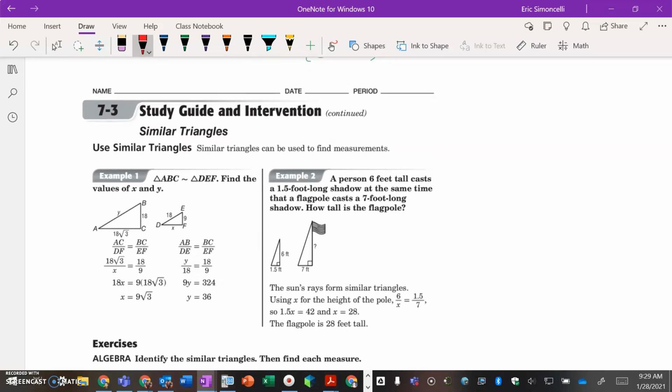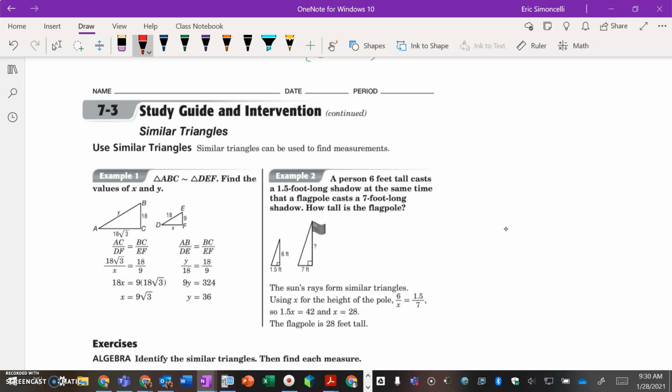Let's read though. It says similar triangles can be used to find measurements. So in example 1, it says triangle ABC is similar to DEF. And because that's the case, we can make the following statements. AC is to DF as BC is to EF. And they wrote that for you. So 18√3 is to x as 18 is to 9.